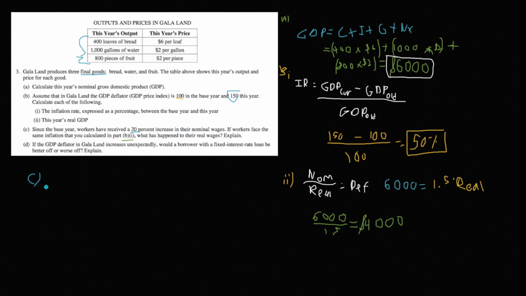Technically, we have a plus 20% because of the wages, but minus 50% is what our effective wage is because of the inflation. Then we have a net negative 30% over whatever time period this is.